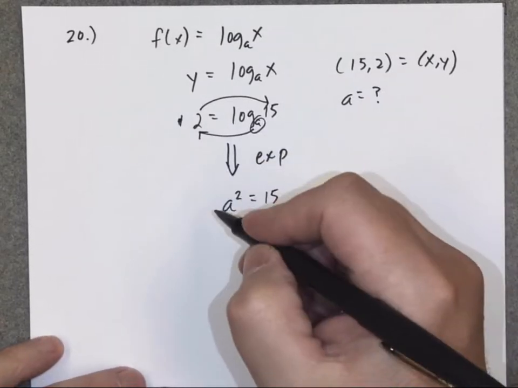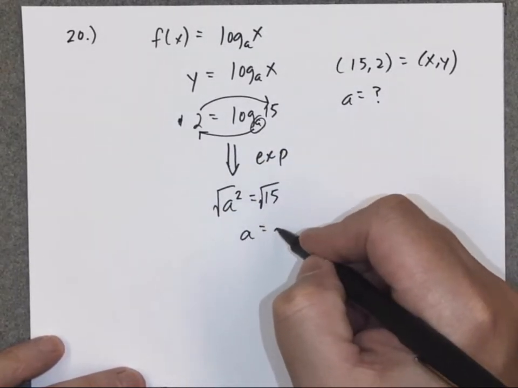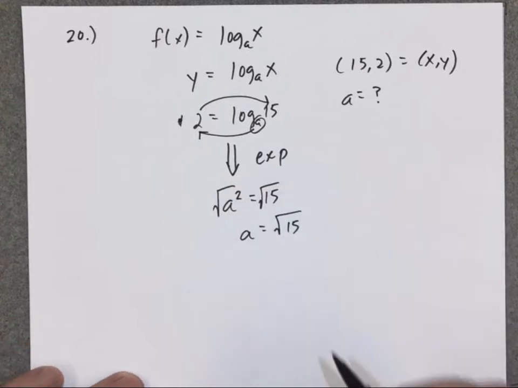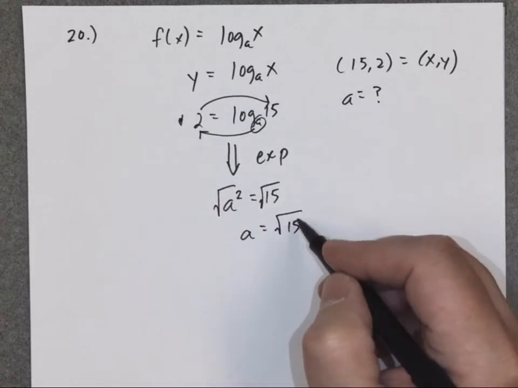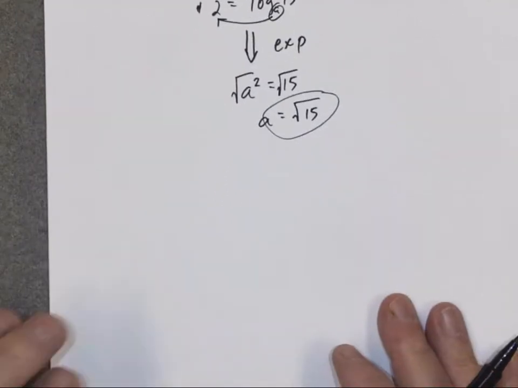What do I do? Take the square root of both sides. End up with A equals square root of 15, and you're done. All right, not too bad. That was quick. Problem 21.